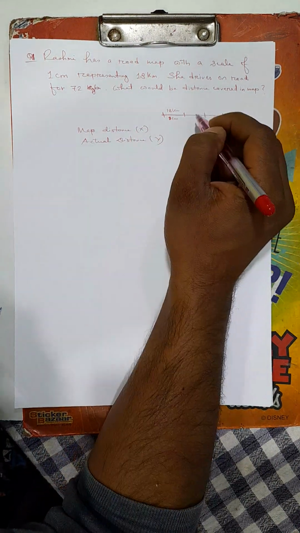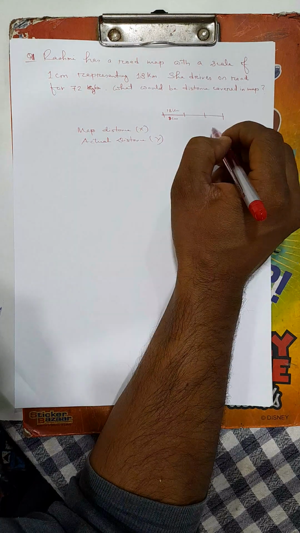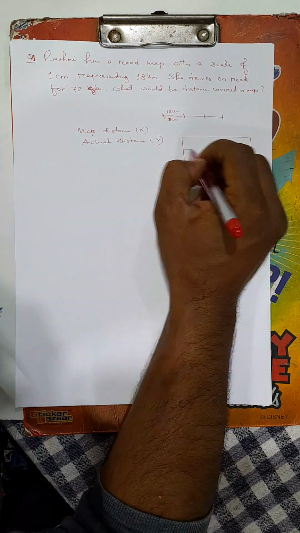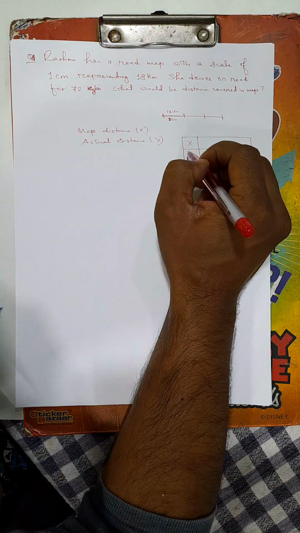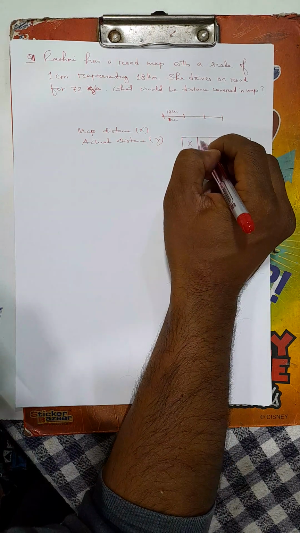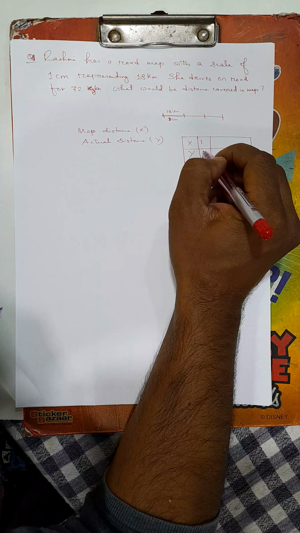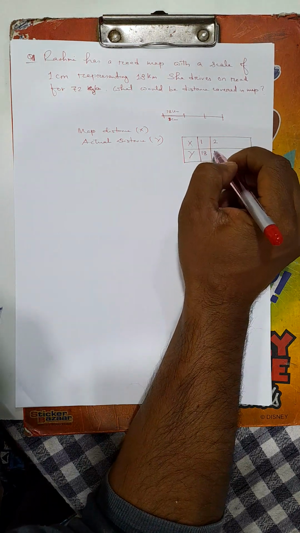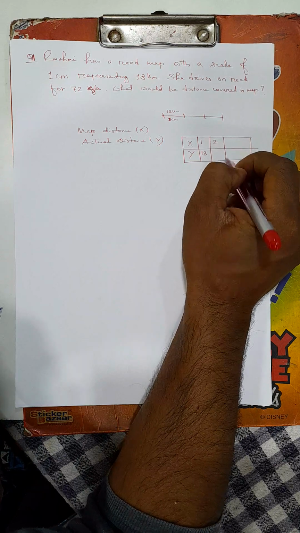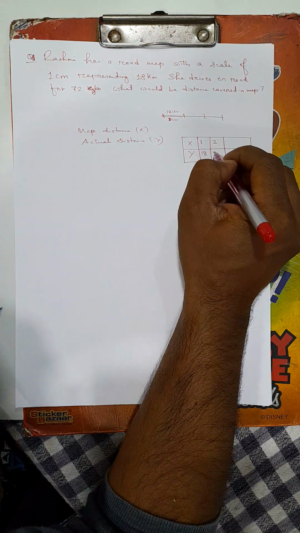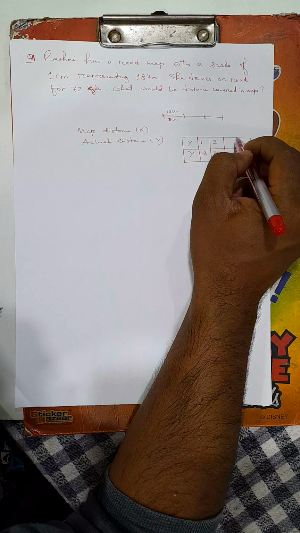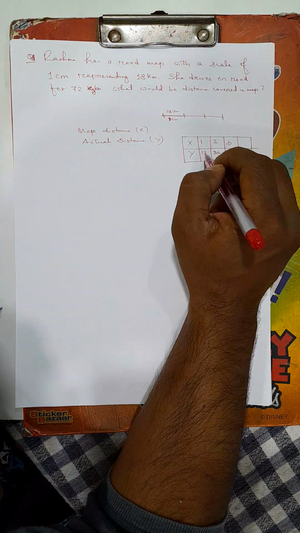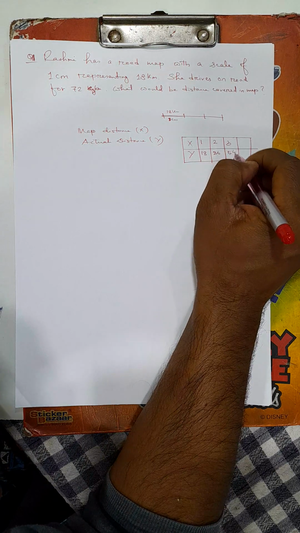You can make a table here of x and y, and how x and y are related. When map distance is 1 centimeter, actual distance is 18 kilometers. When map distance is 2 centimeters, actual distance would be 2 times 18, 36. When map distance is 3 centimeters, actual distance would be 3 times this, 54.